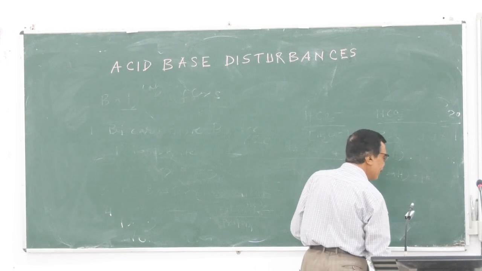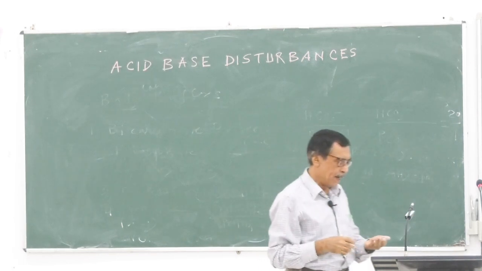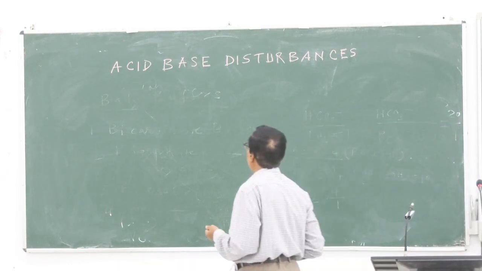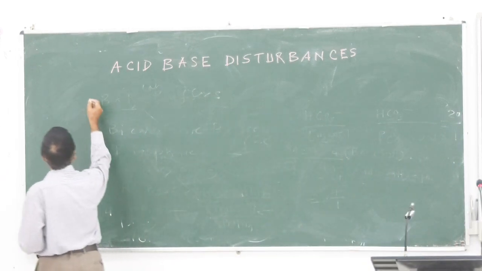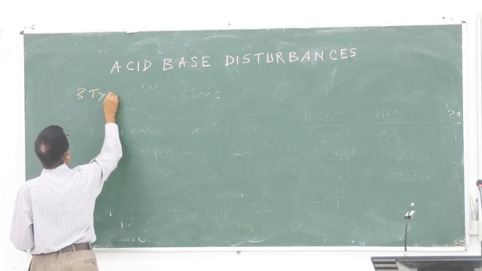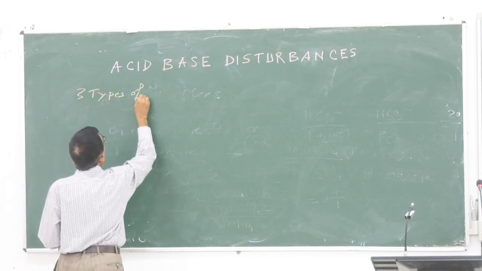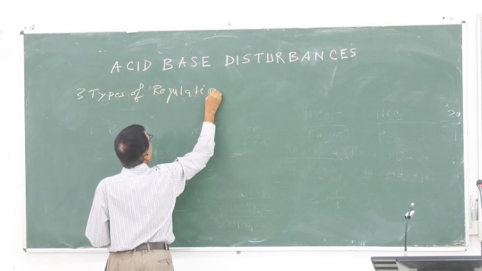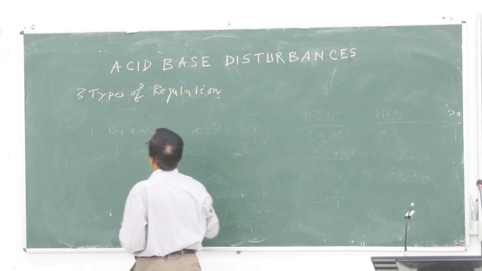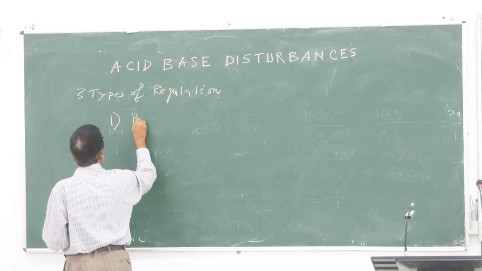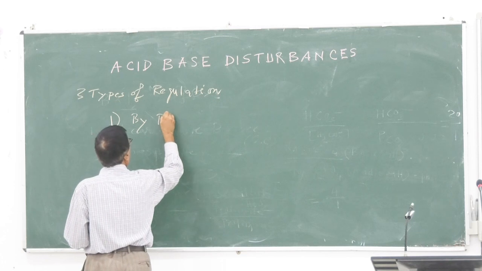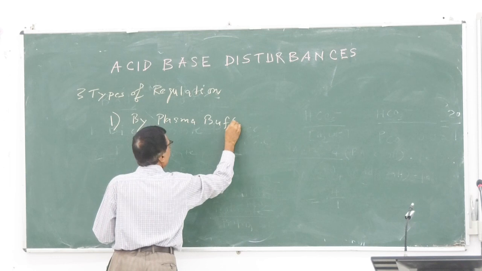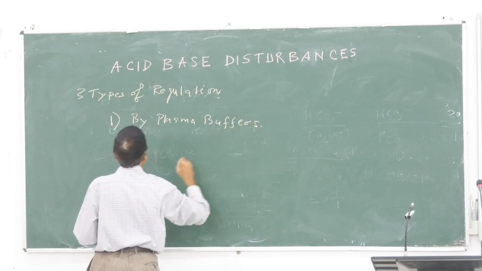And how plasma buffers act, I have described. Now, three types of regulation of the pH. As I have discussed in the previous class, the first line of defense is the plasma buffers, mainly bicarbonate buffers.